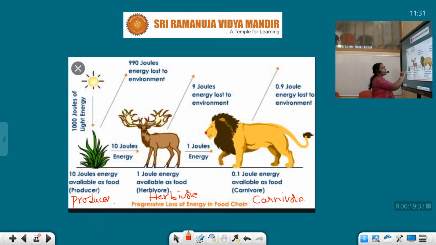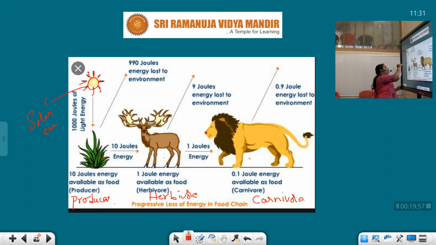Here the plant is there, deer is there, and lion is there. Now let us calculate how energy is going to flow from one trophic level to the other trophic level. See students, here the sun is there. It is going to provide solar energy.